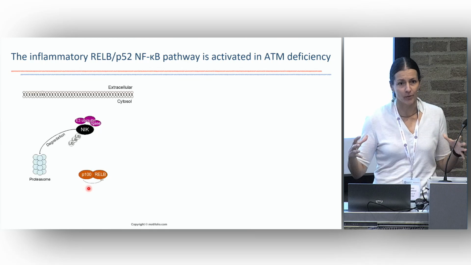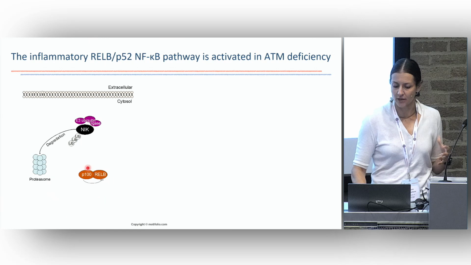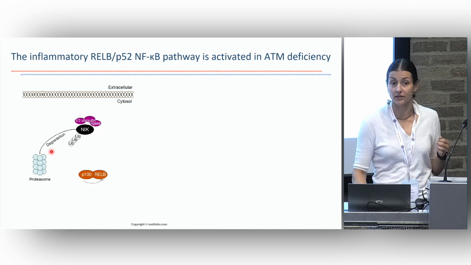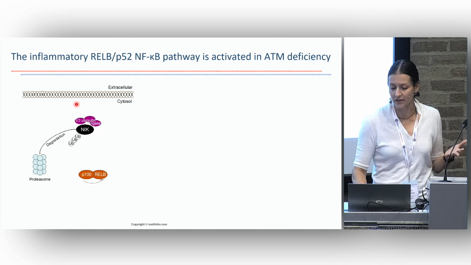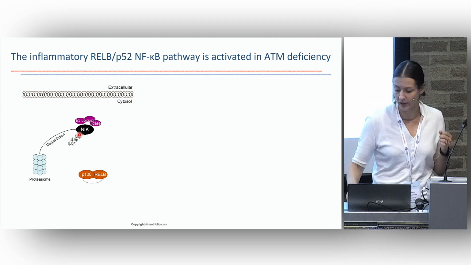In general, NF-kappa B is not active. It is sequestered in the cytoplasm in an inhibitory interaction with p100, the precursor of the p52 protein. There is also a persistent, proteasome-dependent degradation of the NIK kinase, which is an upstream mediator of this pathway.